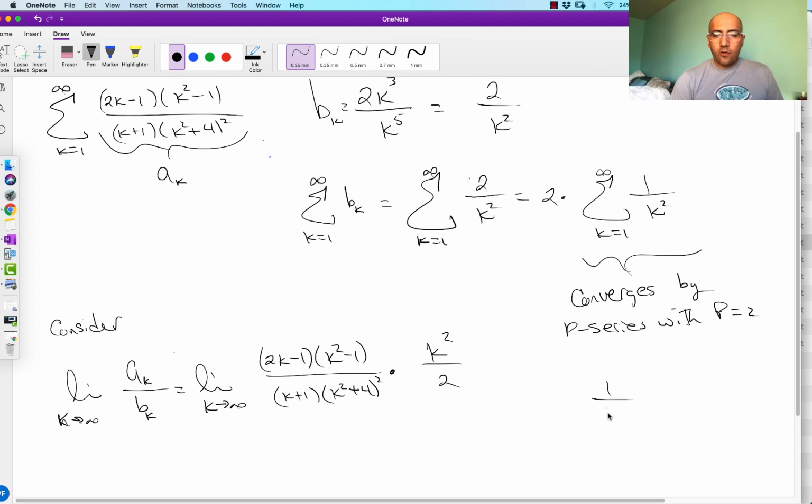Right? In other words, 1 over b sub k is equal to 1 over 2 divided by k squared. So multiply the numerator times the reciprocal of the denominator, and we end up with that.